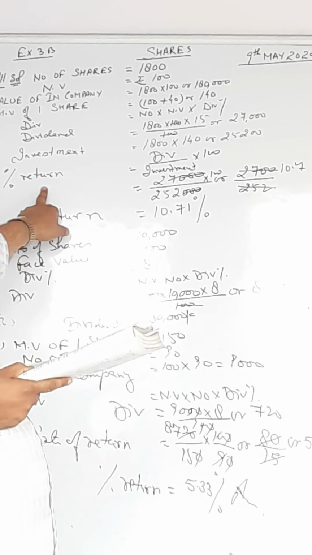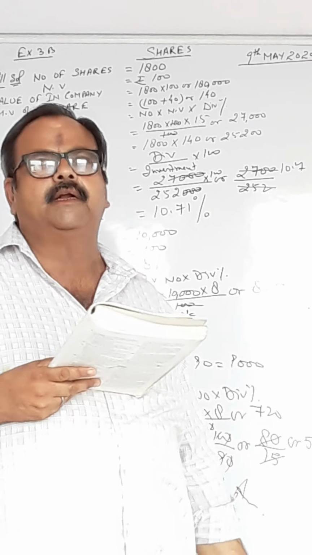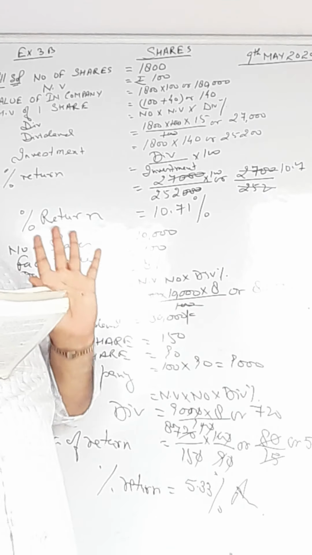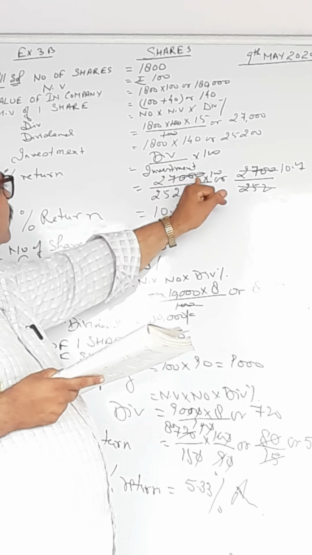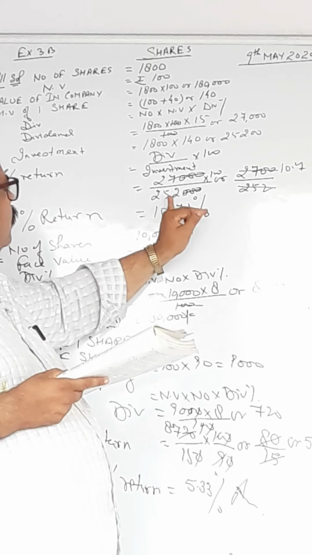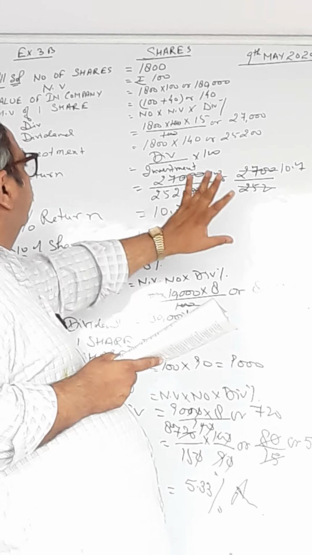Rate of return, when you calculate it, will be on the investment. Dividend will be paid by the company. Dividend how much is given? Dividend 27,000, investment 252,000, into 100.